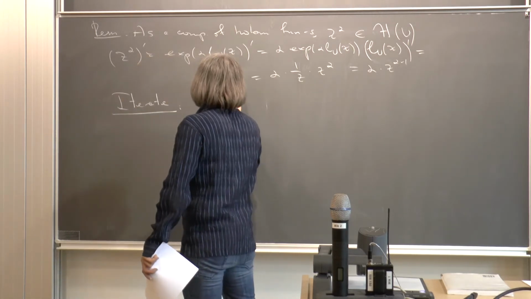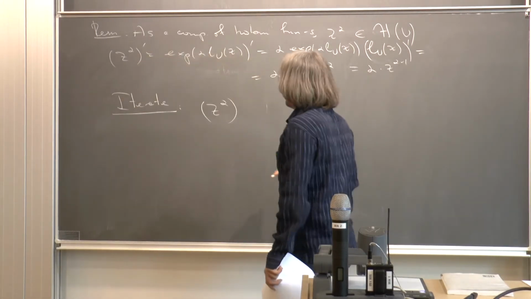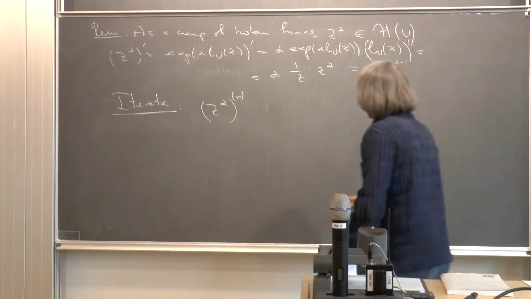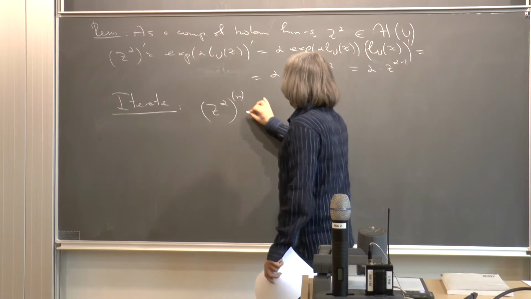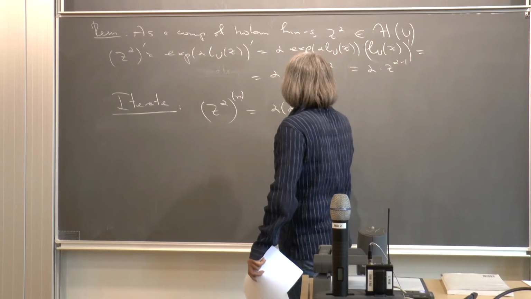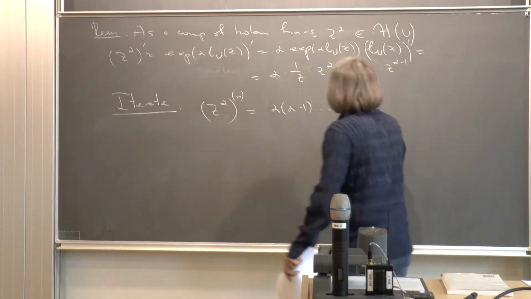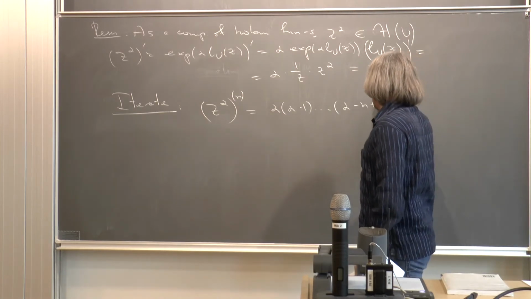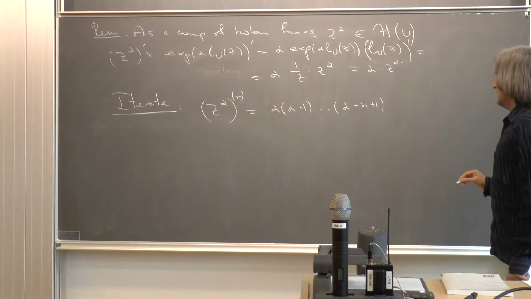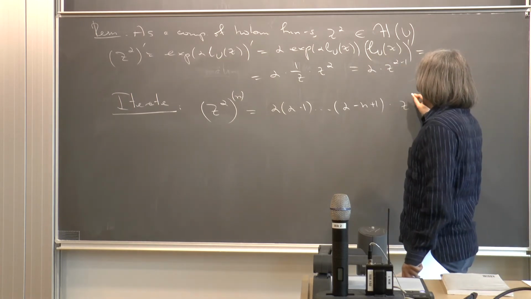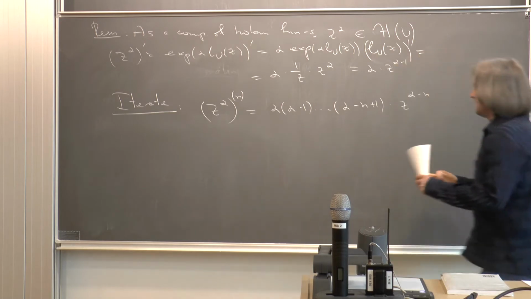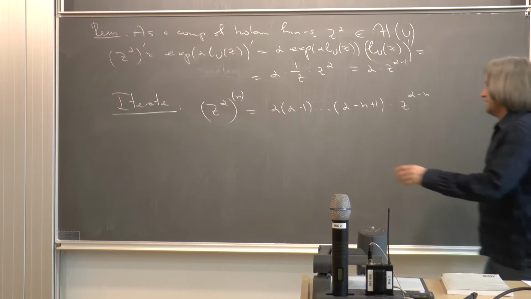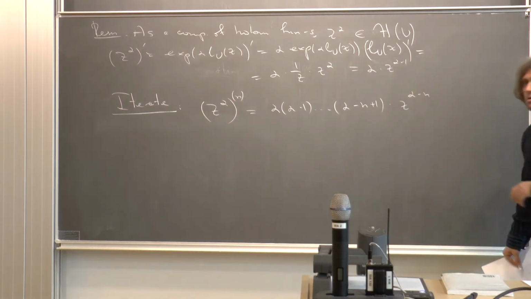If we take z to the alpha and then differentiate it, say n times, then this will be alpha times alpha minus 1 up to alpha minus n plus 1, times z to alpha minus n. So, of course, this coefficient might be 0.